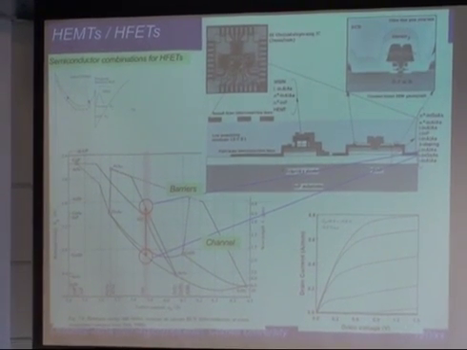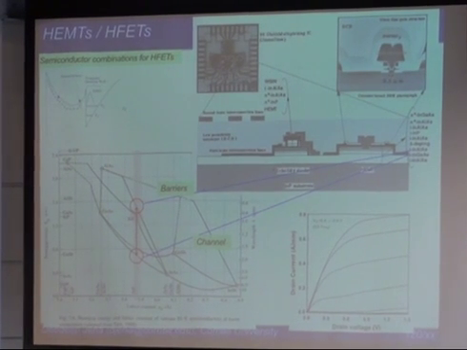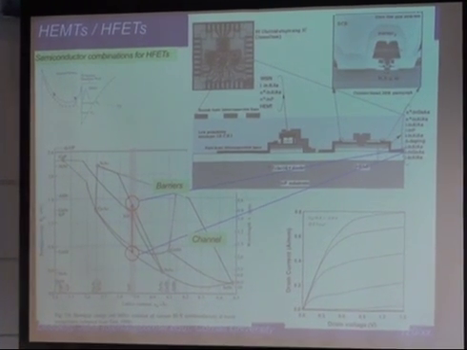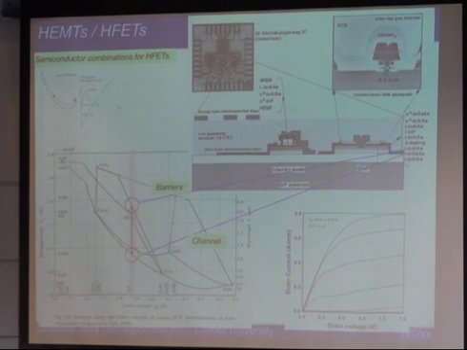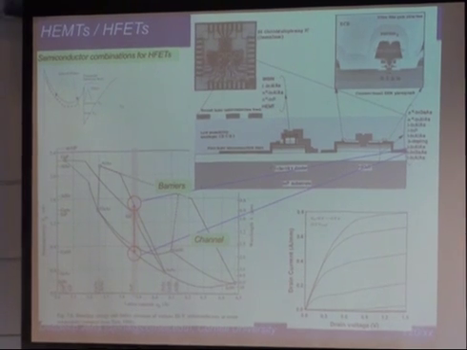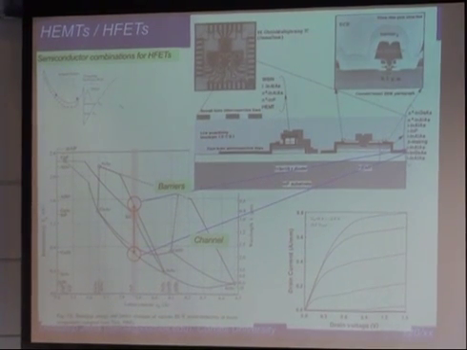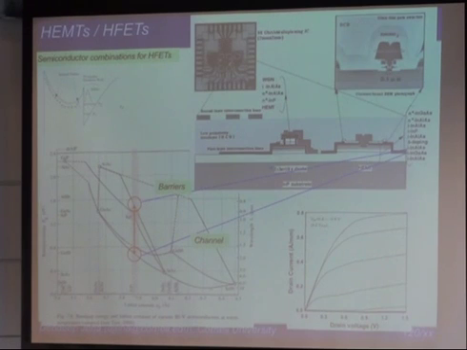And last class we were looking at the reason why the devices are made the way they are, and we also spent some time looking at these Poisson-Schrodinger self-consistent solvers that are used heavily for designing these transistors. So we'll use a little bit of that today as well. I'm going to use it through the class today.